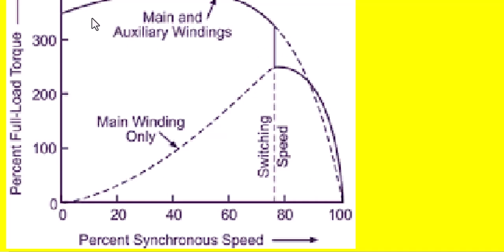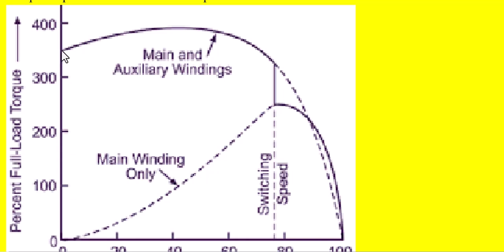So the motor runs with a torque speed characteristic like this. Up to here with both the windings, and after this only the main winding is present, so the main winding torque speed characteristic will follow like this.